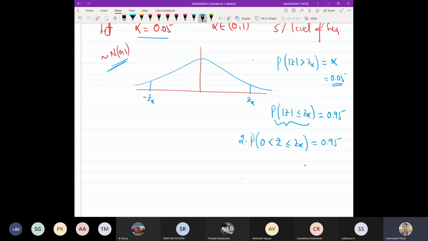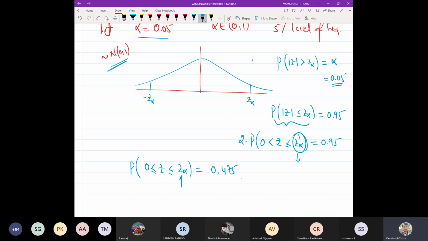So basically you need to get the value Z alpha from the table which satisfies the probability of 0 less than Z less than or equal to Z alpha equal to 0.95 divided by 2. So that will be 0.475. Am I right? 0.95 divided by 2 is 0.475.